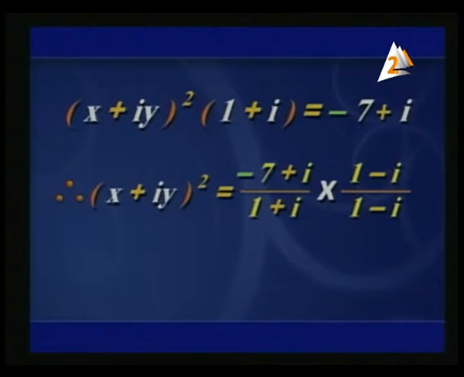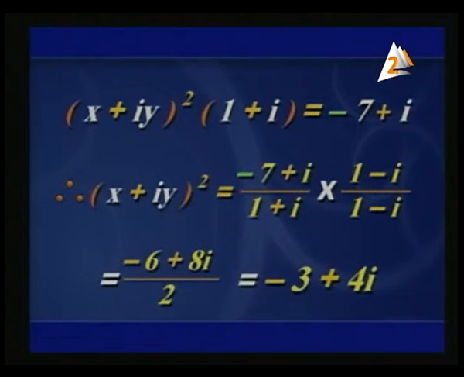Therefore, (x plus iy) all squared equals negative 7 plus i over 1 plus i times its conjugate, which is 1 minus i over 1 minus i, equals negative 6 plus 8i over 2 equals negative 3 plus 4i.